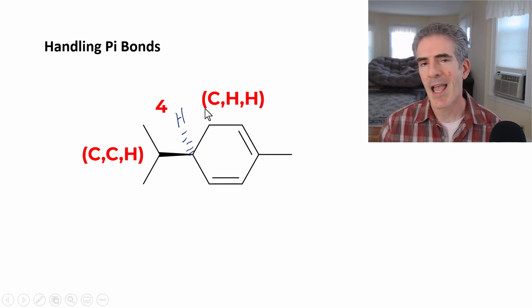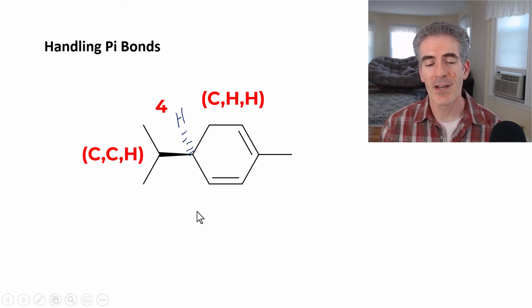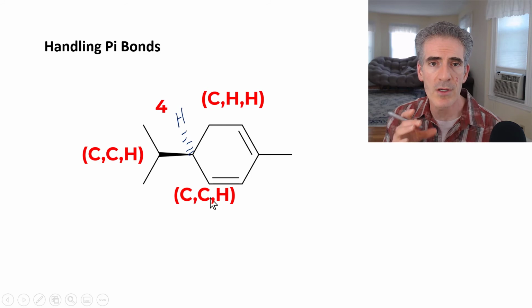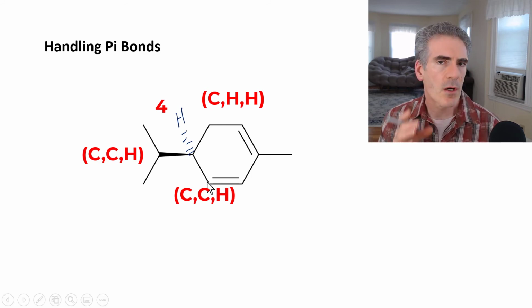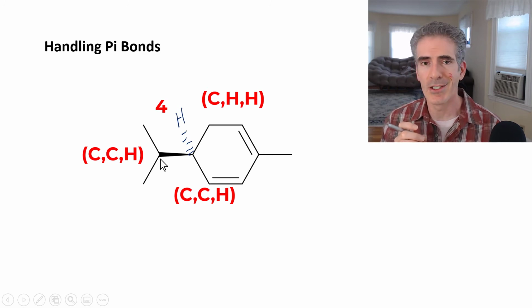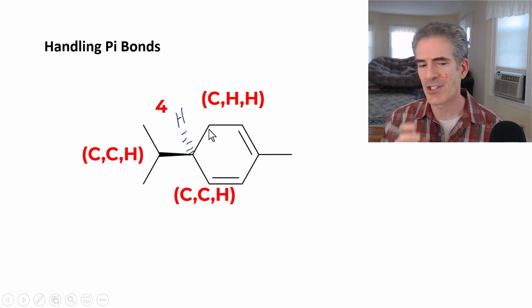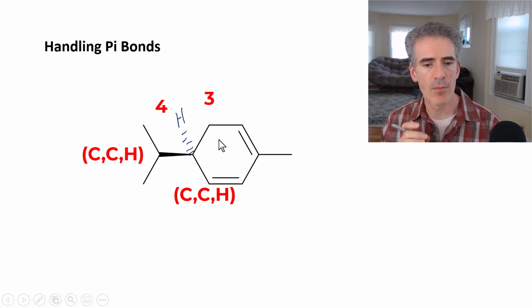So this is CHH. What about down here? Okay, so this is going carbon, carbon, hydrogen. As we said, if it's a pi bond, you're going to count it as 2 attachments to whatever comes next. So if this is CCH, and if this is CCH, and this is CHH, we at least know that this arm becomes number 3.